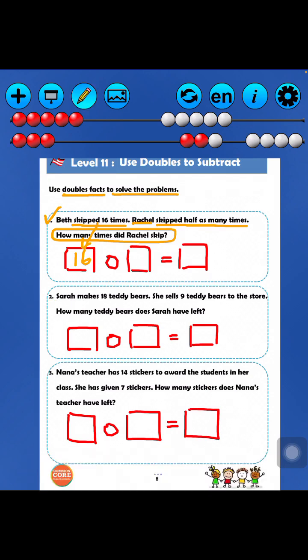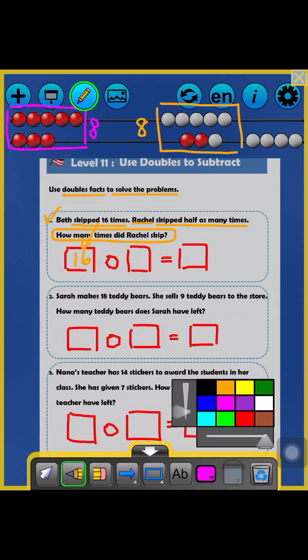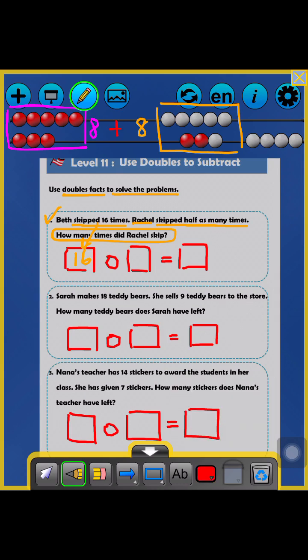So, do you know how many bits in each side now? Yes, it's 8. On the left hand side, there are also 8 bits. So 8 plus 8 equals 16.